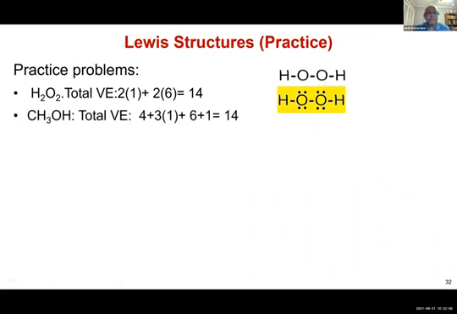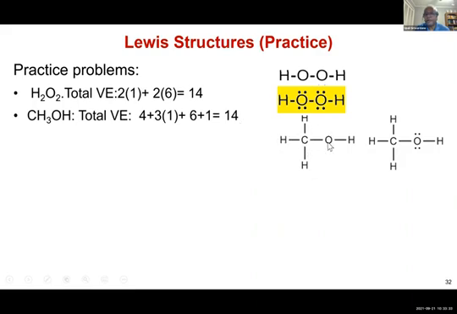Methanol. Total number of valence electrons is 14. The connectivity is shown here on the diagram. Carbon is bonded to 3 hydrogens. Then the carbon is bonded to OH. So we have already used up 1, 2, 3, 4, 5 electron pairs. 14 electrons divided by 2 is 7 pairs.